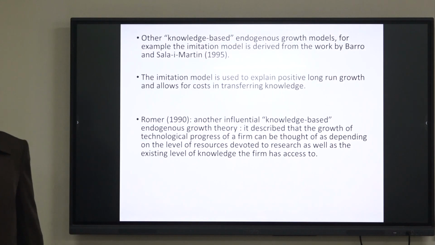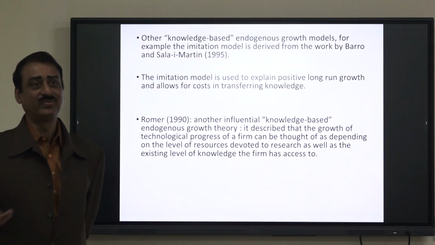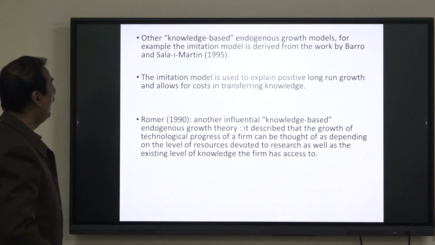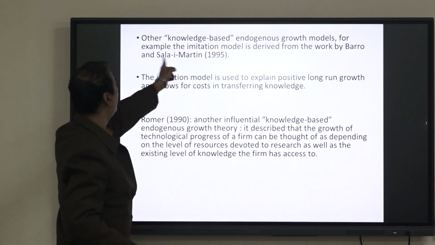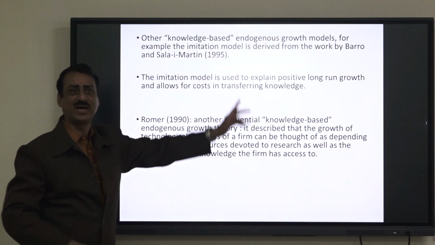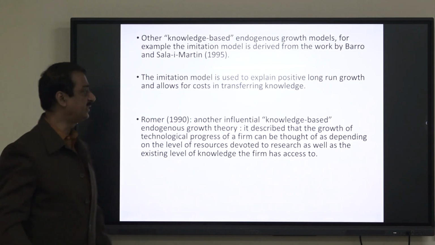And when you say that technological change is the key determinant, what will then motivate you to pursue technological progress? Many others contributed. Sala-i-Martin, who was a PhD scholar of Barro, subsequently co-authored with Barro and came up with many suggestions.